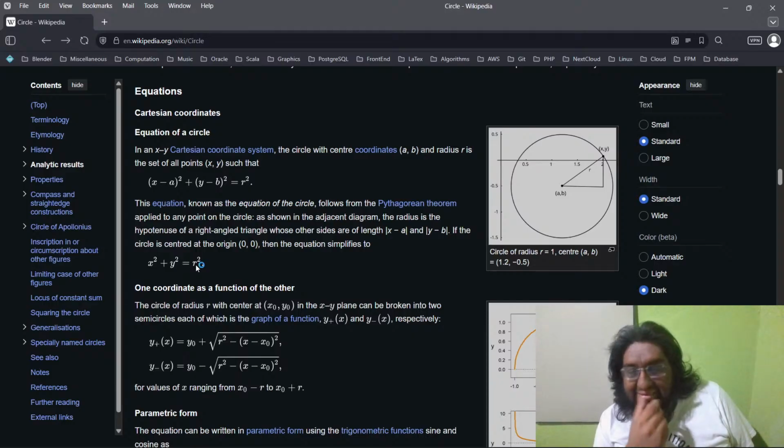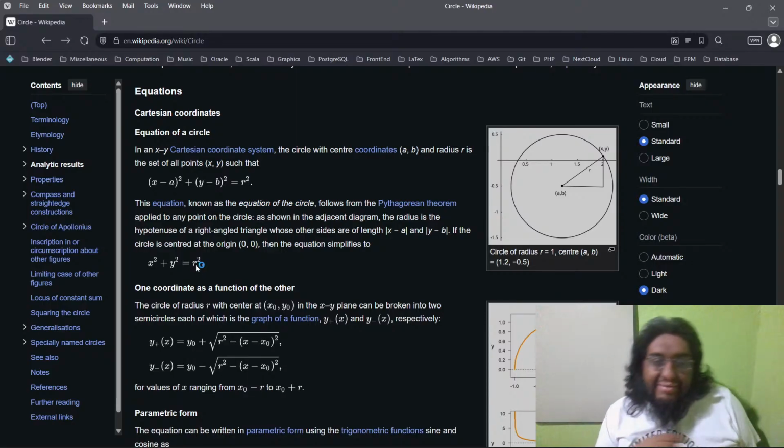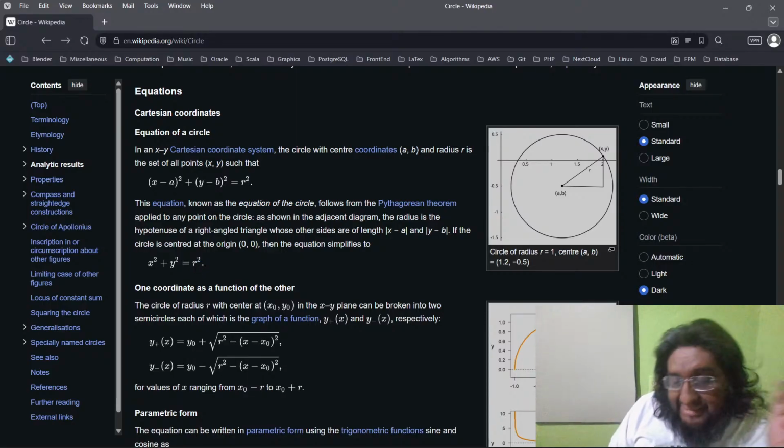I was seeing this thing there. What does it say here? But now I understand.